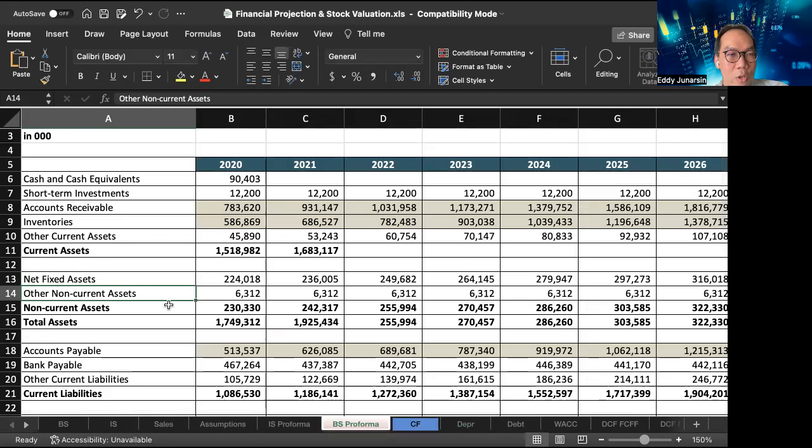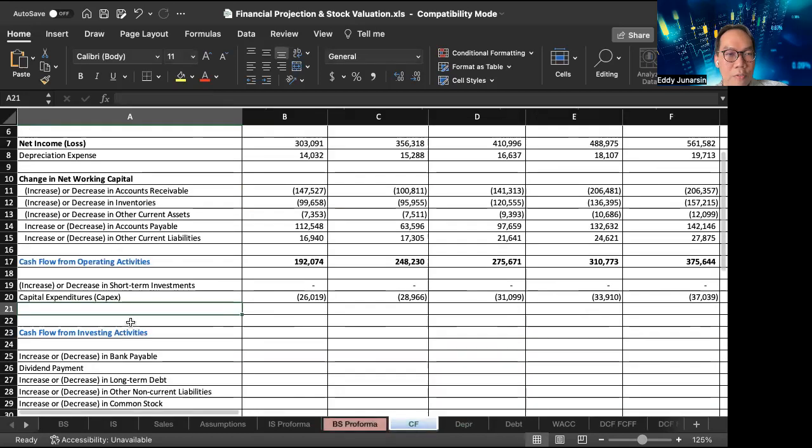We also have this one, other non-current assets, that is part of the investing activities. So increase or decrease in other non-current assets.